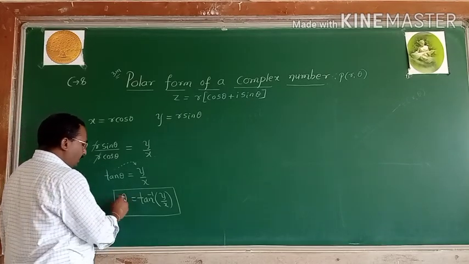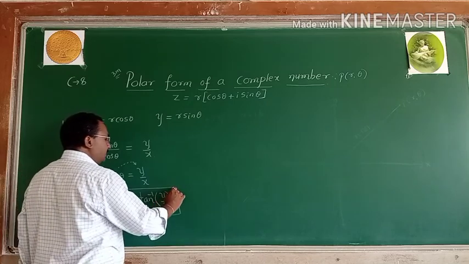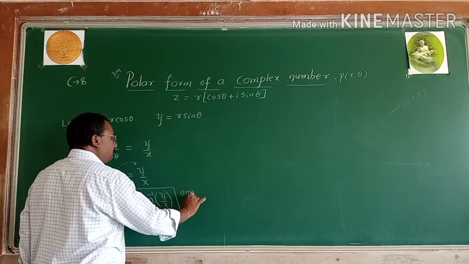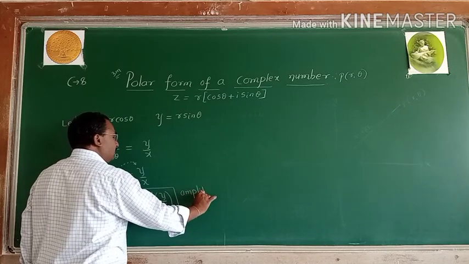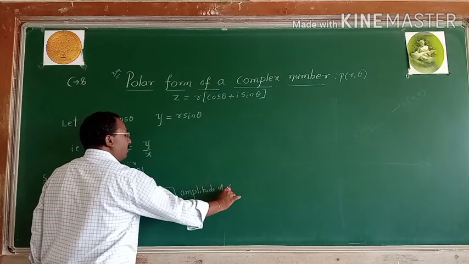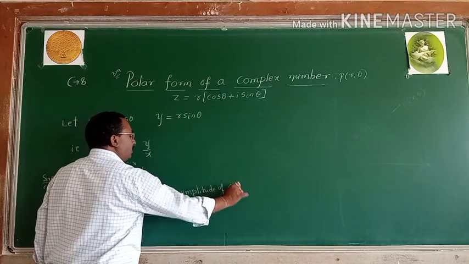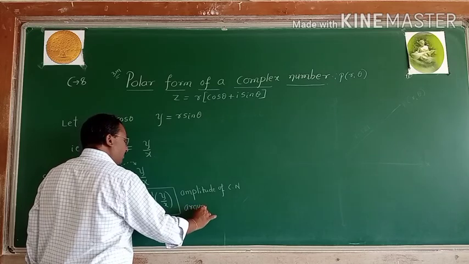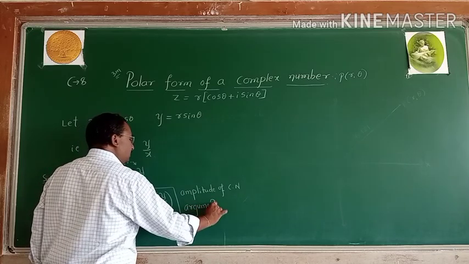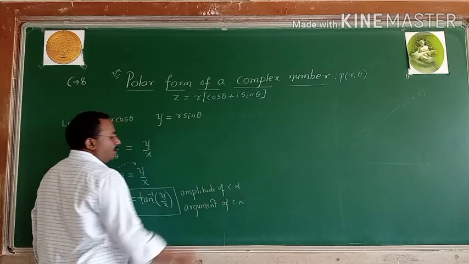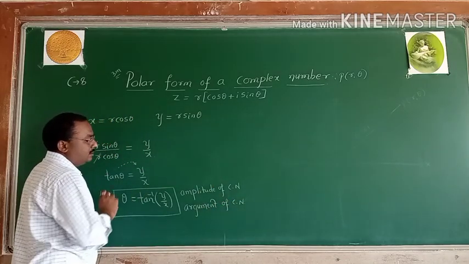Here this theta is called the amplitude of a complex number, or another name, argument of a complex number.